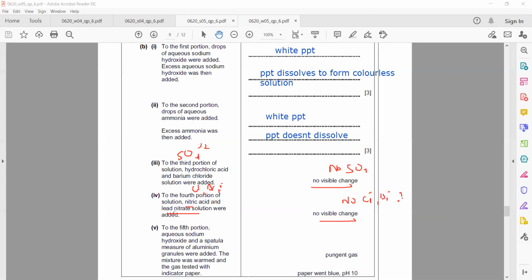And to the fifth portion, sodium hydroxide and aluminium powder. This is a test for nitrate ion. So a pungent gas is ammonia gas. So this confirms that the ion which is present is a nitrate ion. So we can conclude that this is actually aluminium nitrate salt.